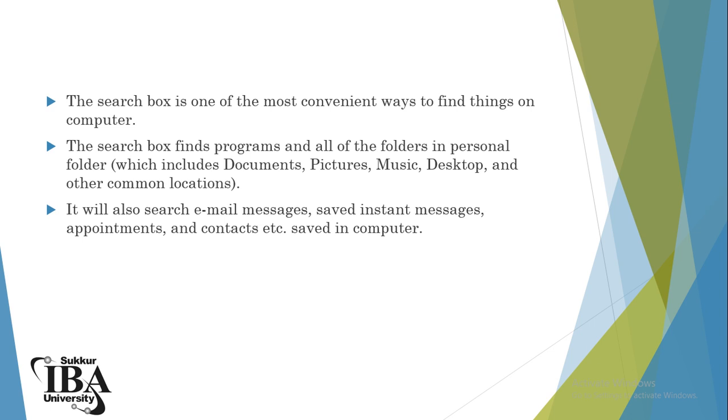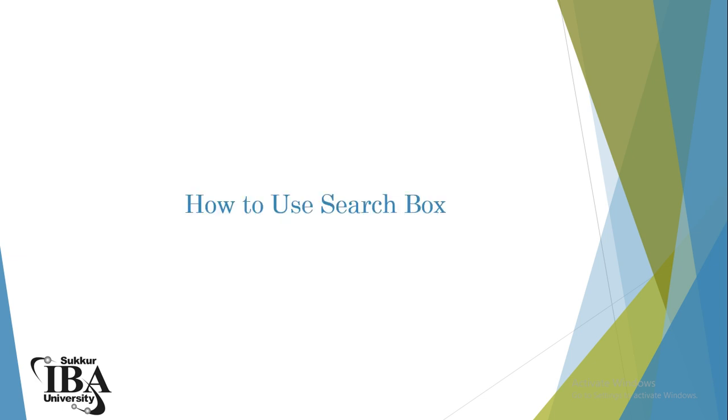It will also search email messages, saved instant messages, appointments and contacts saved in the computer. Whatever data you have stored inside the computer will be searched by the search box.